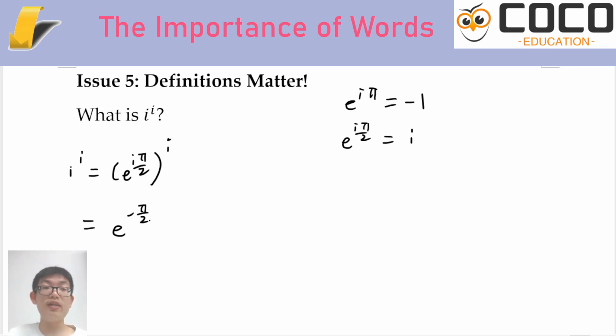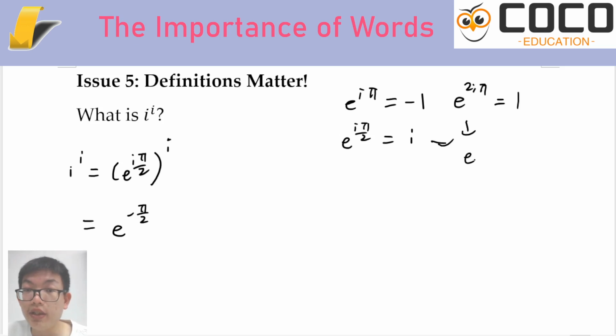We know that e to the i pi over 2 is i. We also know, by the definition of the exponential function, that e to the 2i pi is equal to 1. Which means I can multiply them together. I can essentially go an extra loop and say that e to the 5i pi over 2 is equal to i.